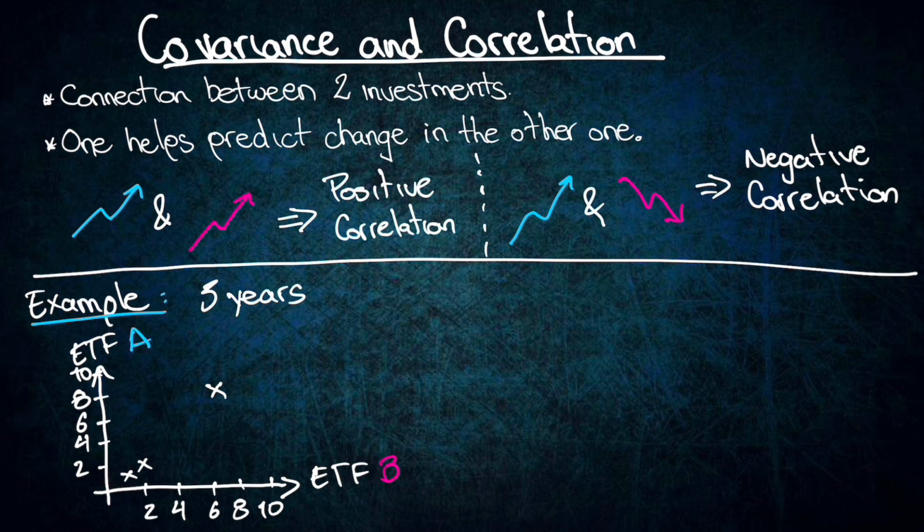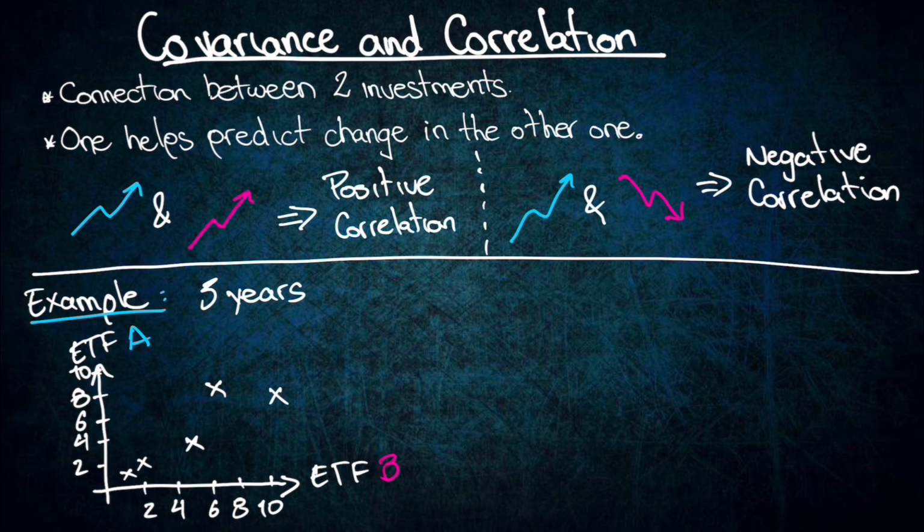In our fourth year, ETF A will have a return of 7% and ETF B of 10%. And finally, for our last year in this example, ETF A will have a return of 4% and ETF B also 5%. We will put all the dots here graphically.